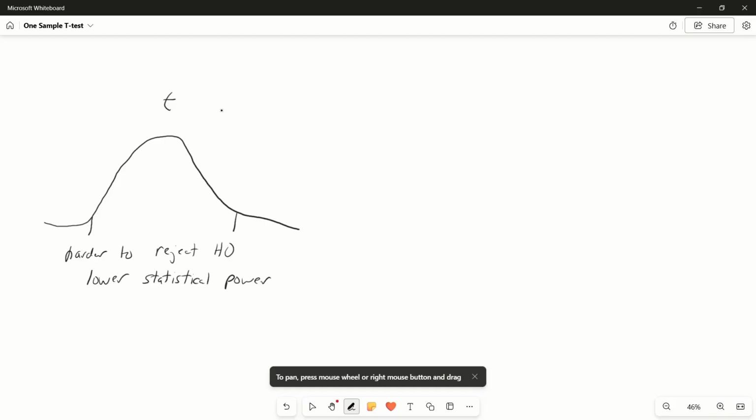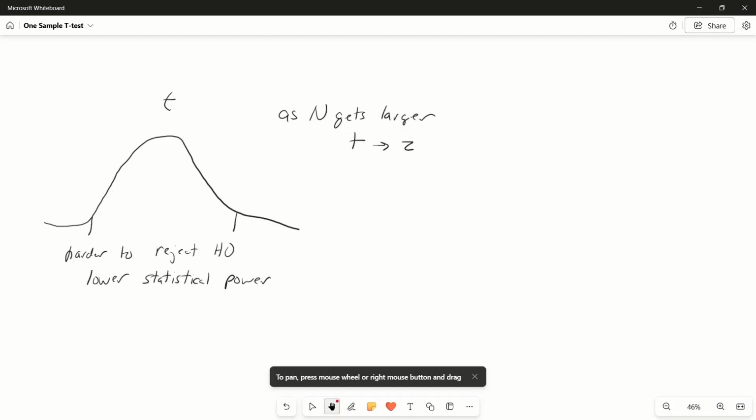Now, t will approach z as n gets bigger. It's not as t gets bigger, it's as n, the sample size, gets larger that t will approximate z.